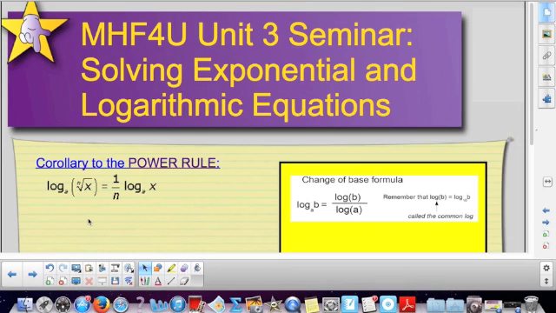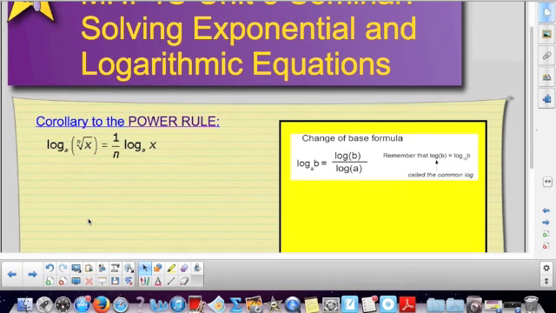So this is another thing, a corollary to the power rule. We've already dealt with the change of base formula, but this is something I didn't necessarily go over on scheduled days.